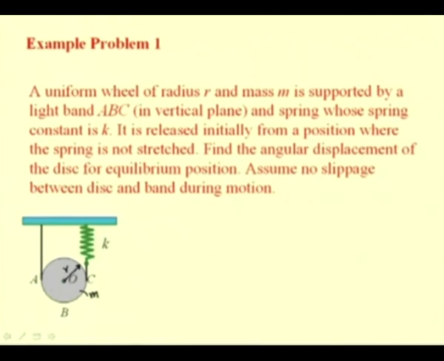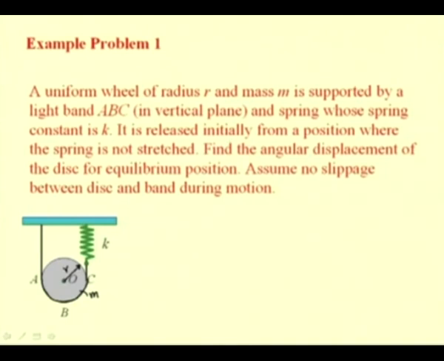This band passes over the wheel and is connected to a spring. It is released initially from the given position where the spring is not stretched. For the given position, the spring whose spring constant is k is in the unstretched position.